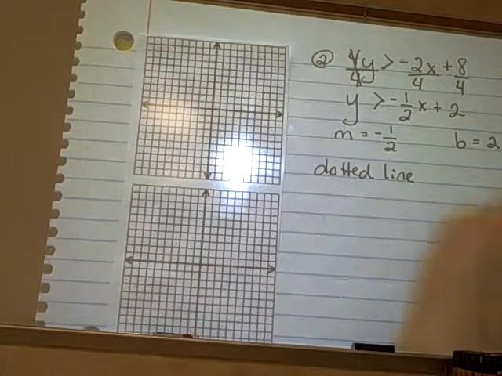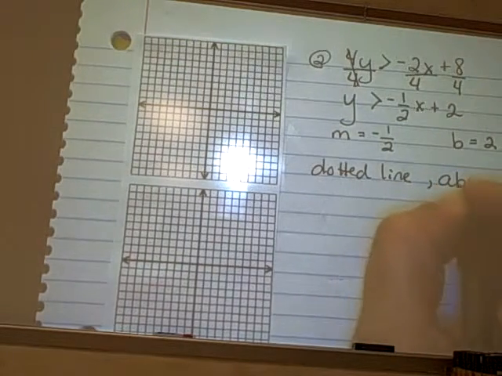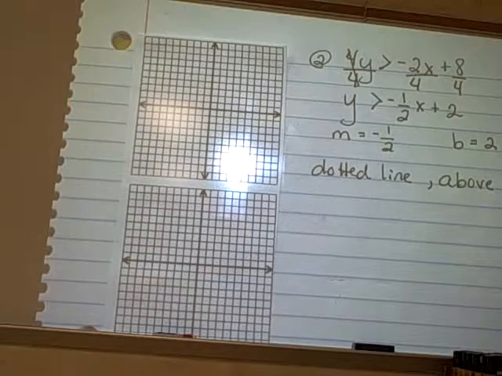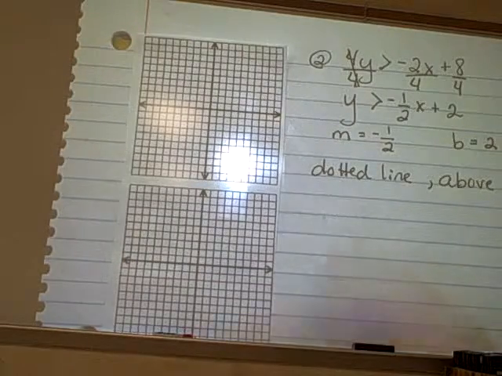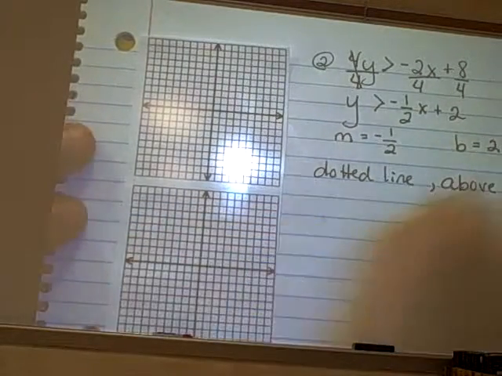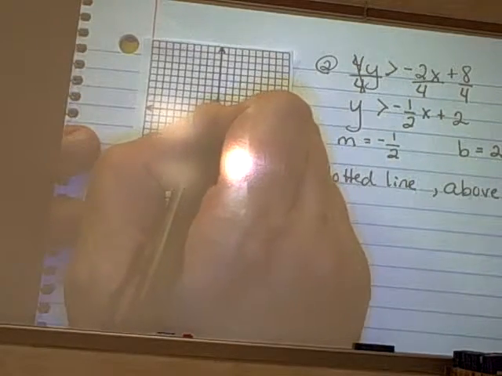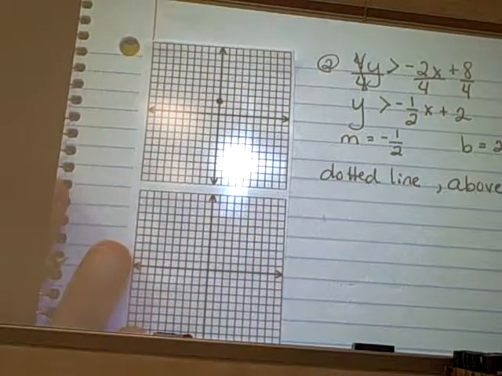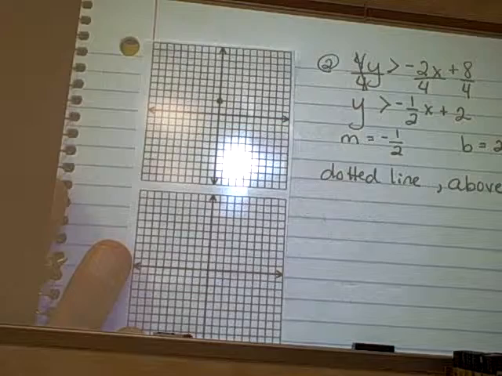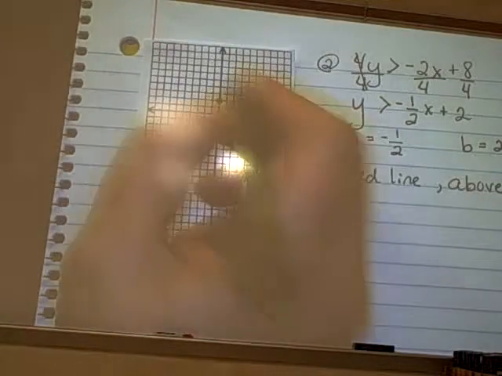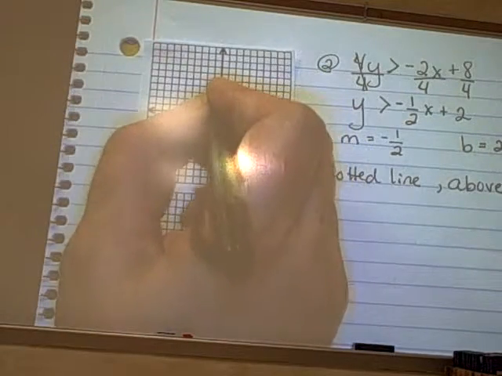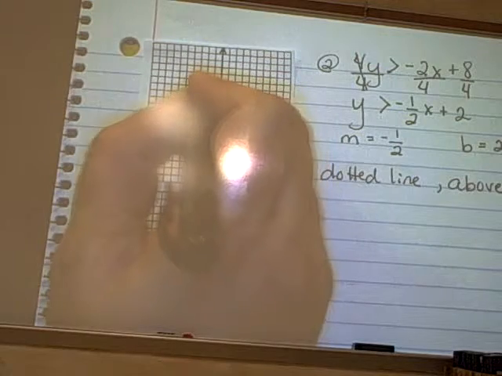And are we going to shade above or below? Above, because it's greater than. Okay, so go over here. On the y, you're going to put a dot at the 2. So put a dot there. And from there, you're going to go up 1 over 2, but it's negative. So it's up 1 over 2 like this, to the left.